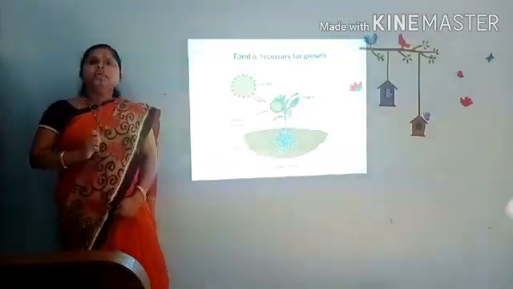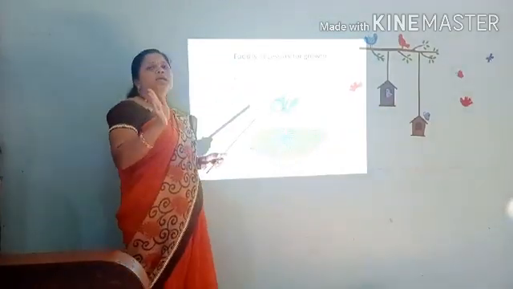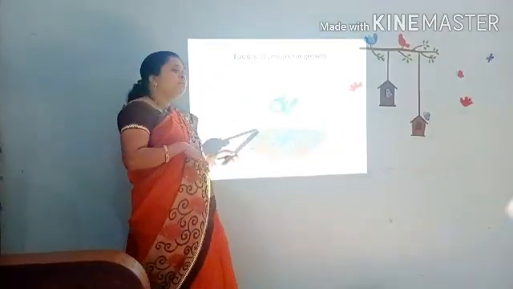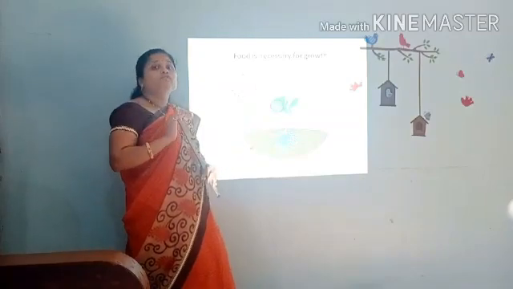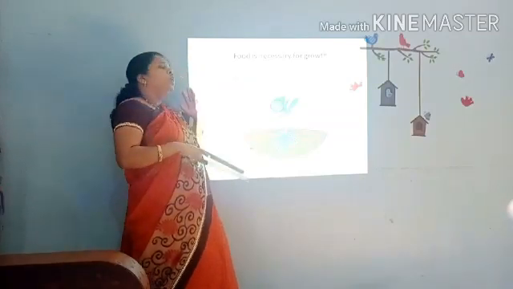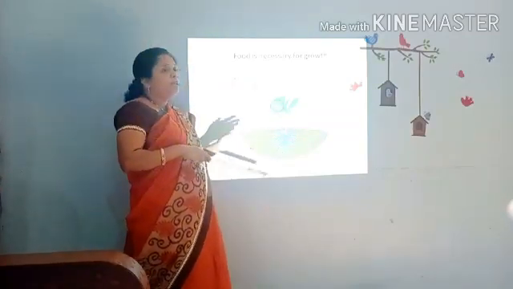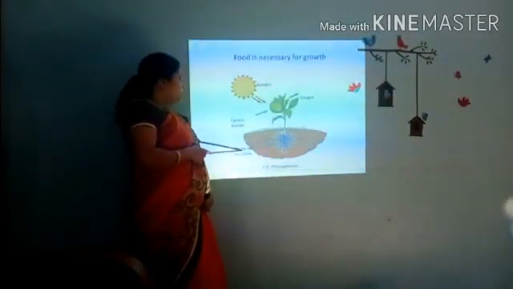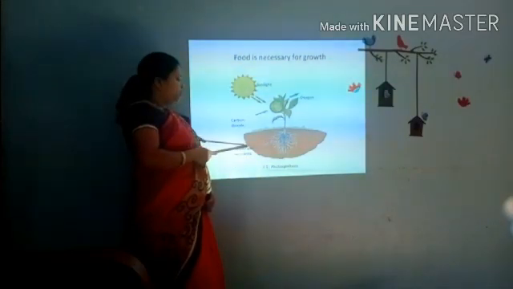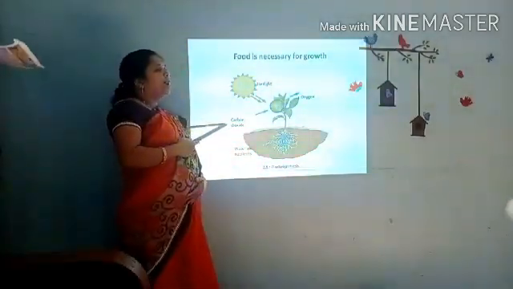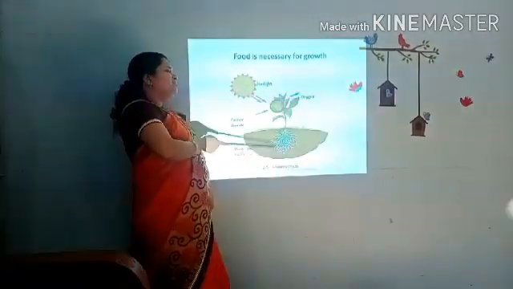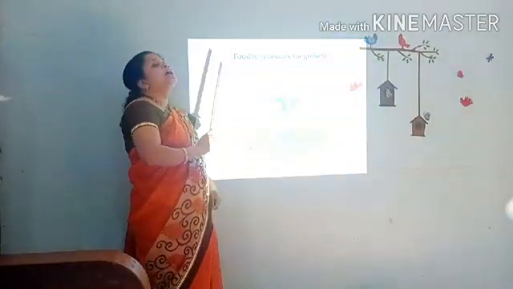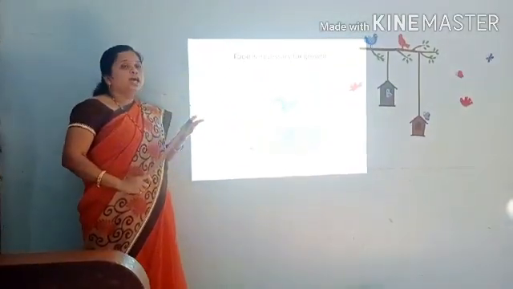You have seen that each and every plant is green in color. Why does it happen? Because of the presence of chlorophyll, and only due to the presence of chlorophyll, plants can prepare their food. So, with the help of water and nutrients from the soil and carbon dioxide from the atmosphere, in the presence of chlorophyll and sunlight, plants prepare their food.